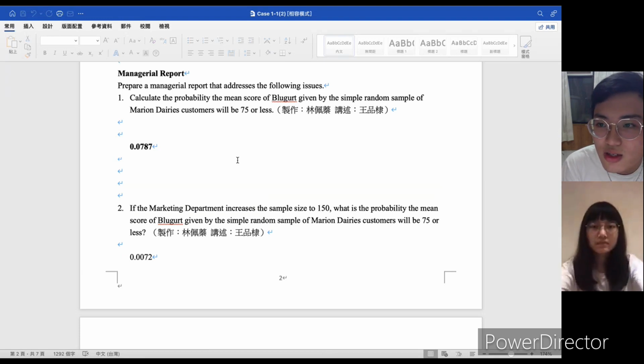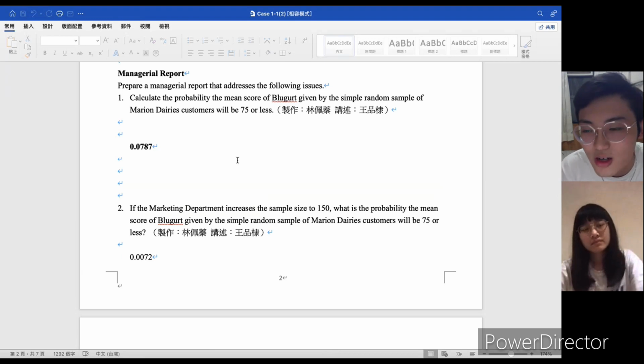Then we use the formula to calculate the standard error, and it is 3.54. Now we use the NORM.DIST formula to calculate, and we get the probability of 0.078646, and that's for question 1.